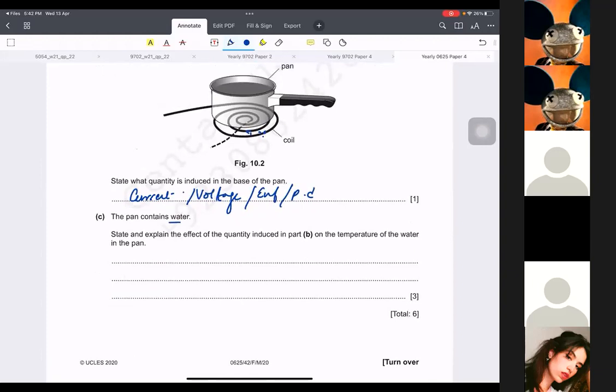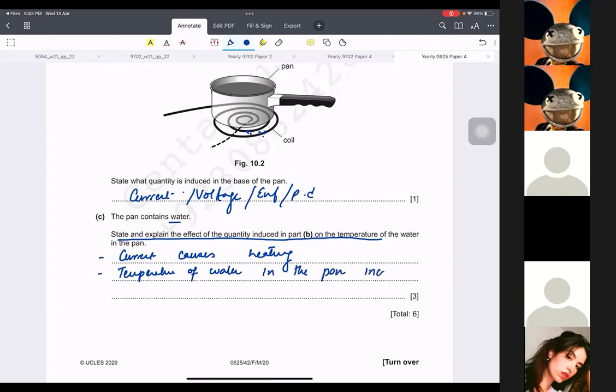Now, the pan contains water. State and explain the effect of the quantity induced in the base on the temperature of water in the pan. Now, you guys need to understand something. Current causes heating. It always does, right? If the current causes heating, then the temperature of water in the pan increases.